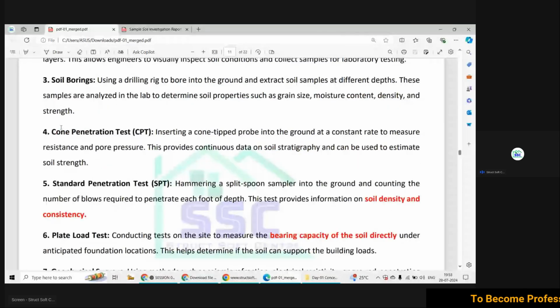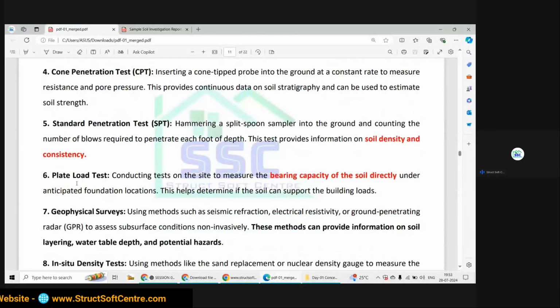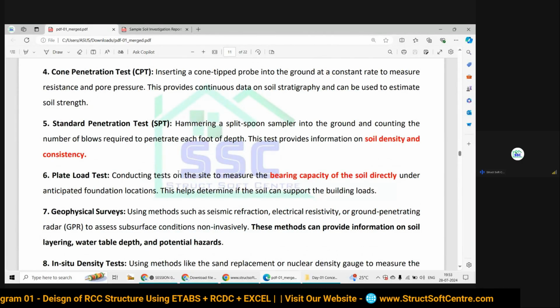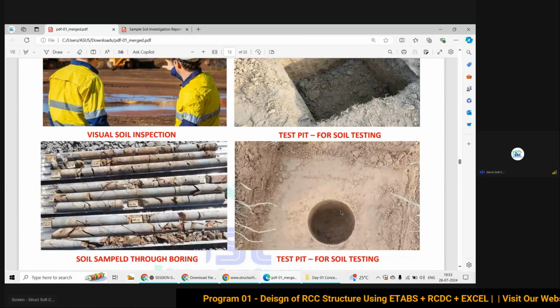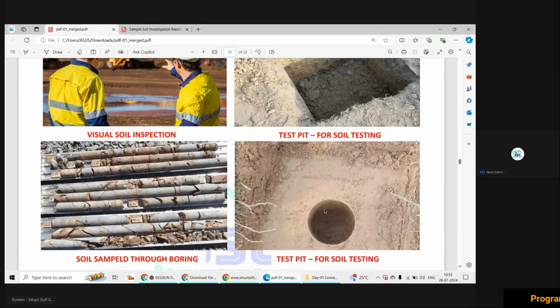On that test pit, if you are planning to do the site investigation, the best option is to do the plate load test. What does the plate load test mean? I will discuss it later. And the other option is taking a sample from the land, taking it into the laboratory and performing the test, and getting the required parameters and properties of the soil. Is that all clear?